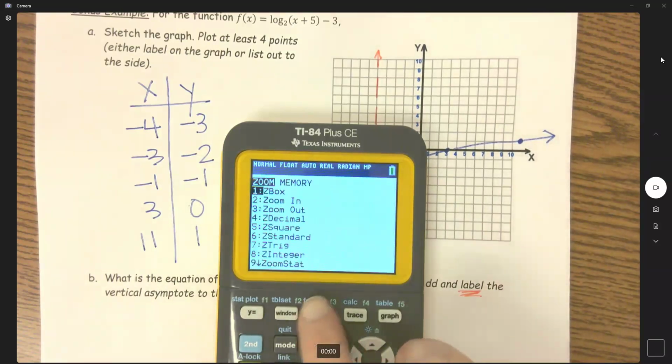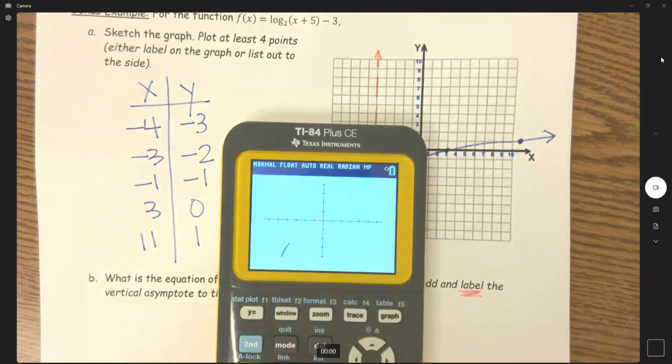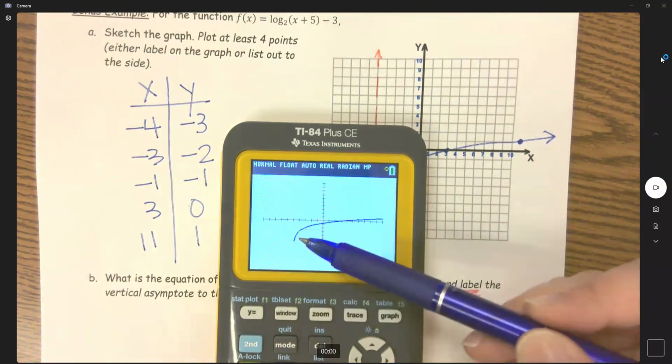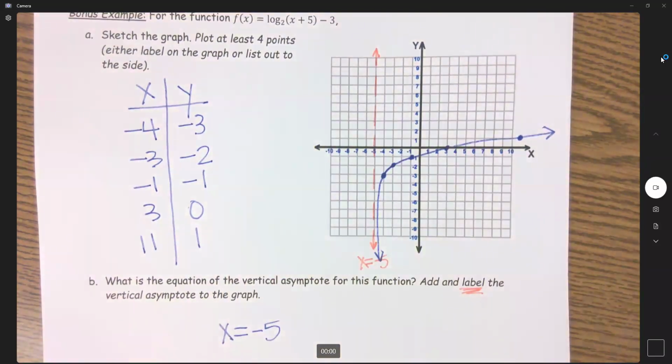Sometimes if we hit zoom decimal, so number 4, it will make it look more like it's going to keep going forever. But if you get to here, we know with the log, it does not have a starting point here. You need to know it either goes down forever or it might go up forever.